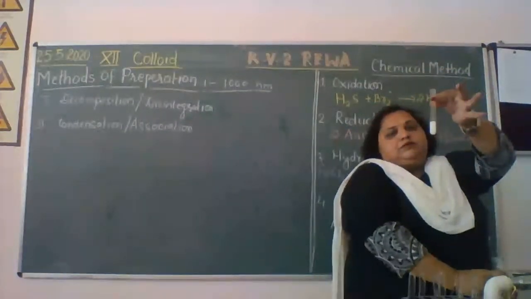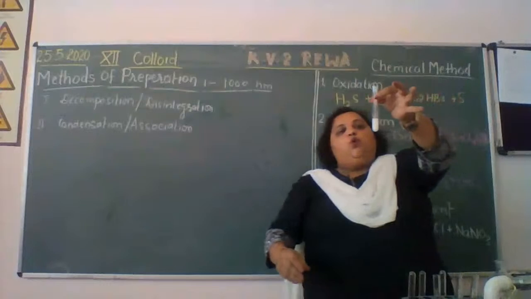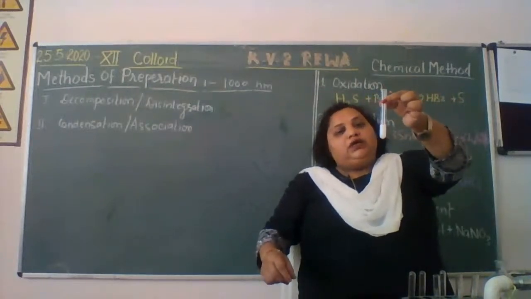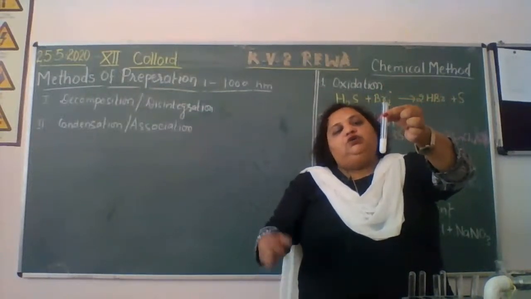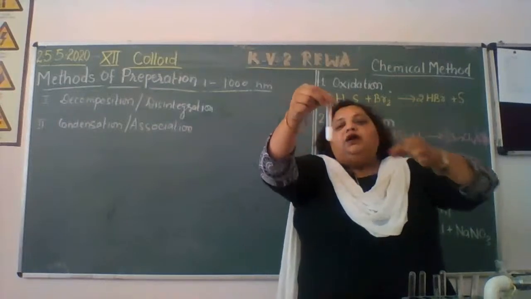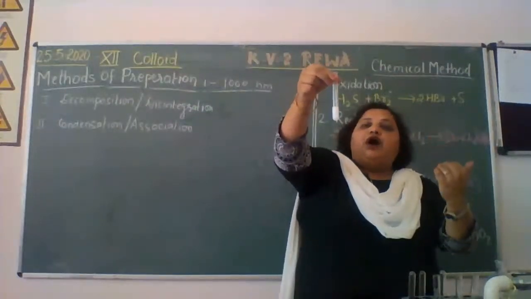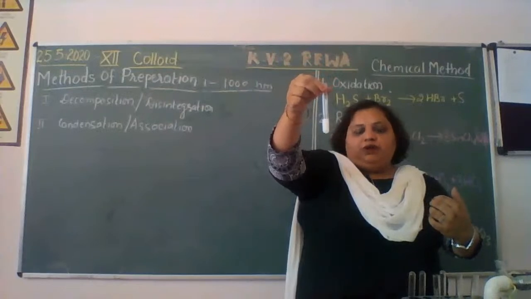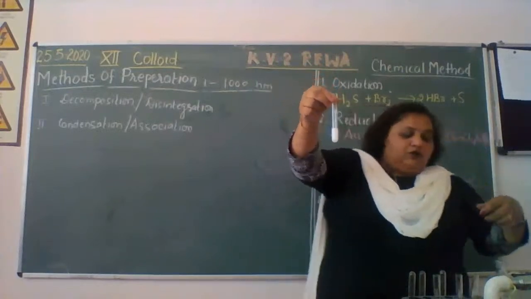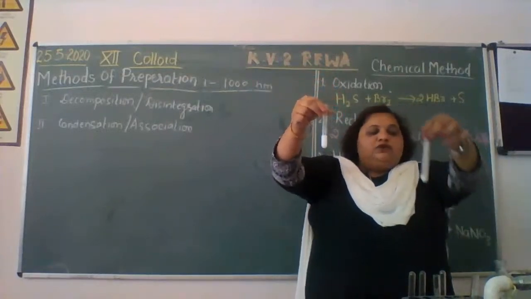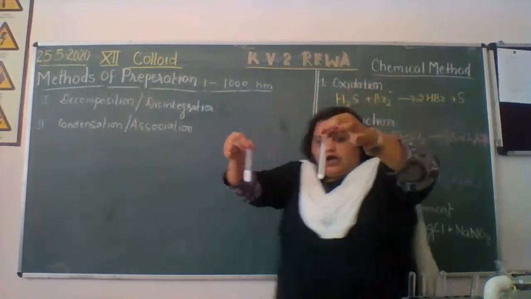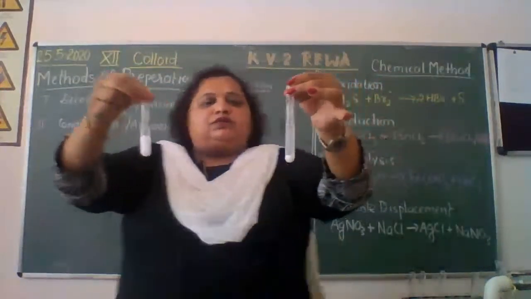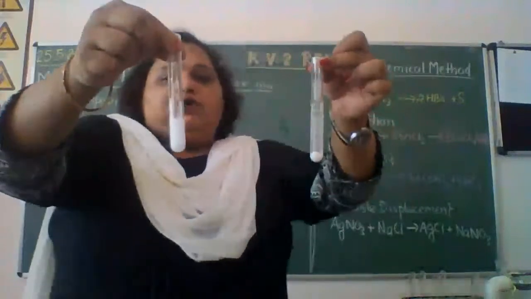This you can see. This is the change. What has happened? You have mixed two liquids, and what you see is that now one solid is formed. One solid, this will deposit like this. I did this just a few minutes before starting the class.